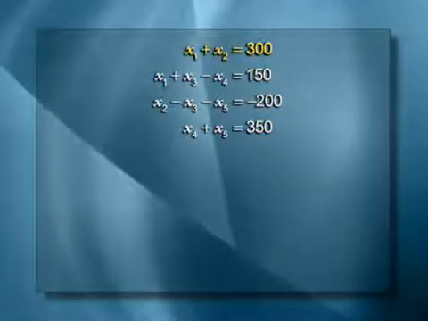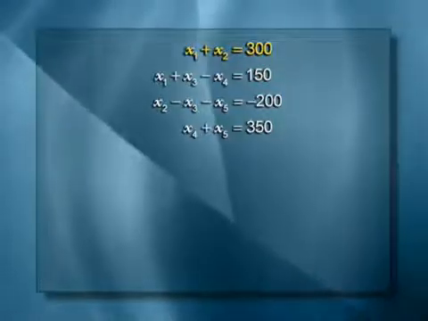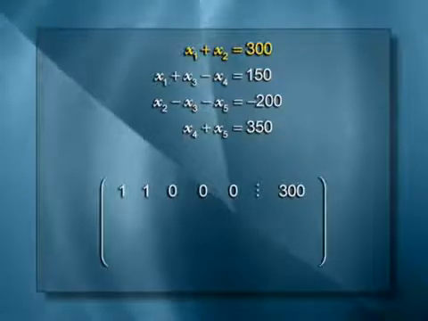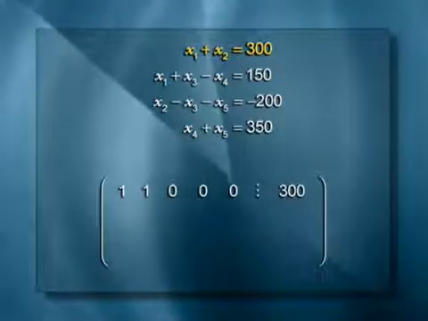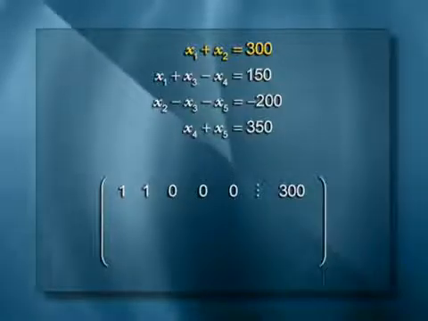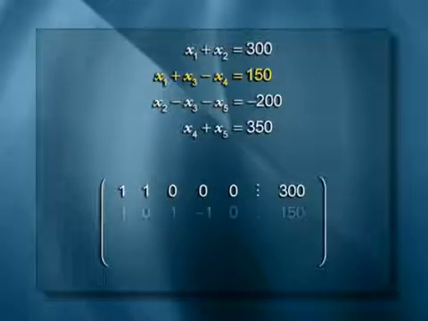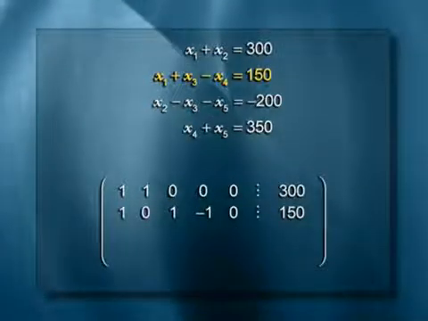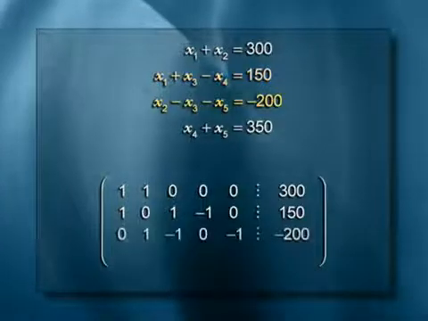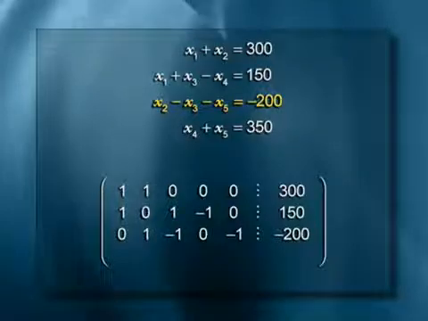Here they are. x1 plus x2 equals 300. That was the first equation. And in matrix notation, you would write it as the first row of your matrix, 1, 1, 0, 0, 0, 300. The row corresponding to the second equation, it turns out to be 1, 0, 1, minus 1, 0, 150. The third equation, 0, 1, minus 1, 0, minus 1 equals minus 200.